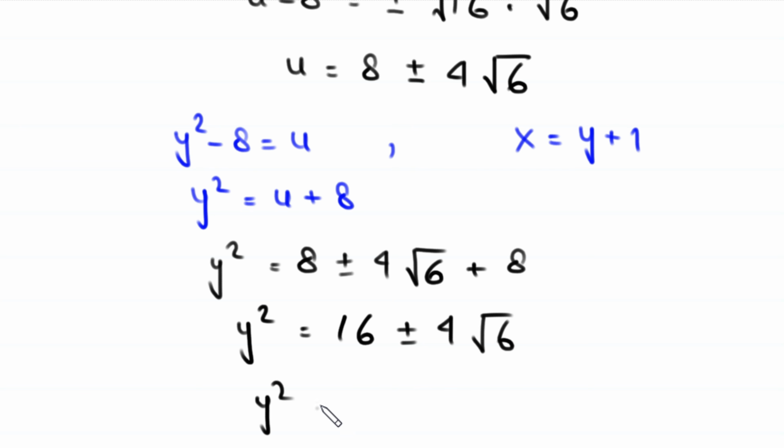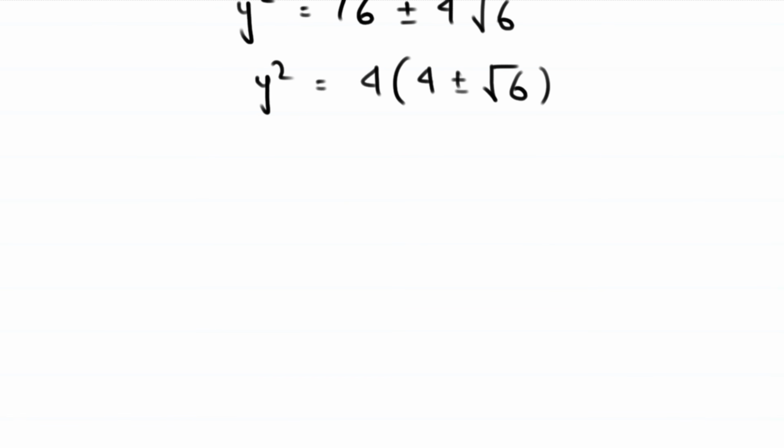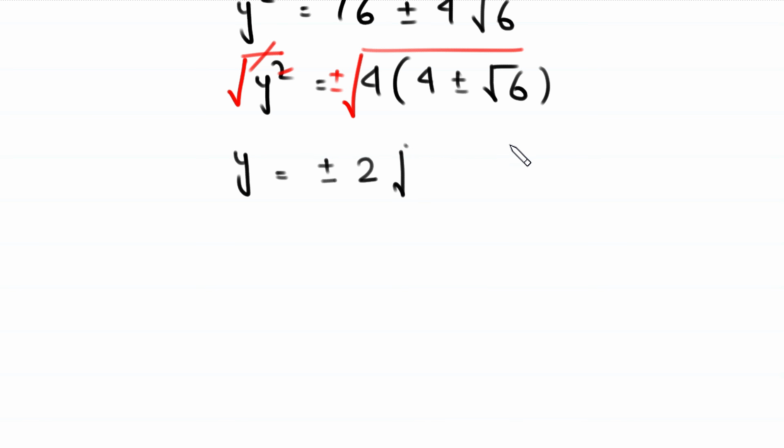And y squared will be equal to, we can factor out 4, in bracket, 4 plus minus root 6, and we take square root on both sides, so the square will be cancelled with the square root, and y will be equal to plus minus root 4, which becomes 2 times the square root of (4 plus minus root 6).